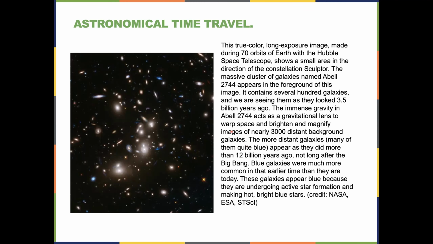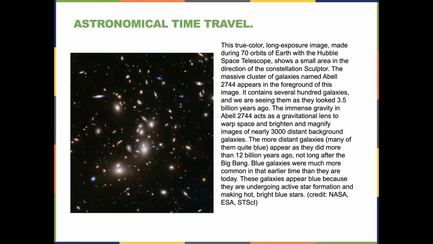Now what this has done here is, this Abell 2744 galaxy cluster has magnified nearly 3000 distant background galaxies, and most of them are actually very blue in color. That is due to the fact that they still have a higher rate of star formation going on, which means you have a lot of new stars.